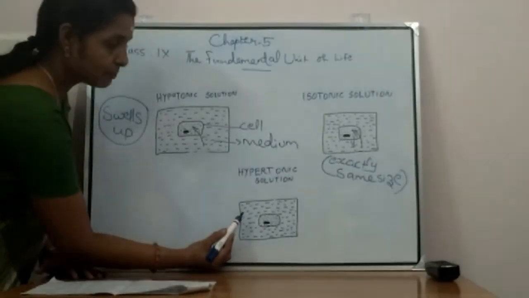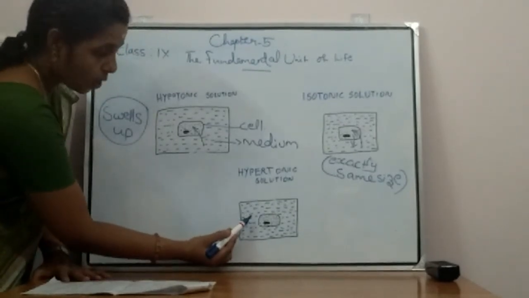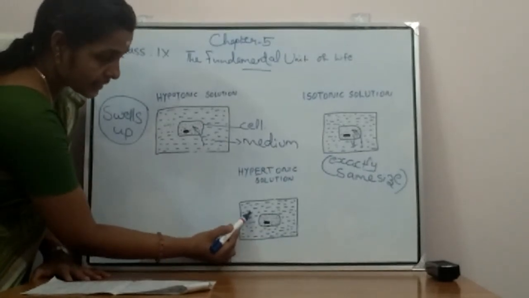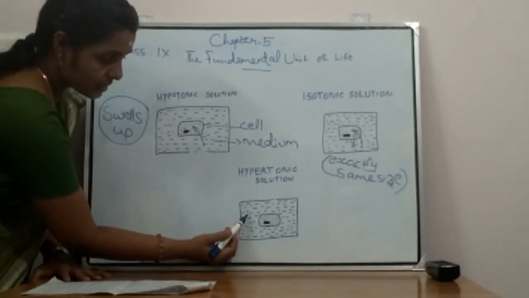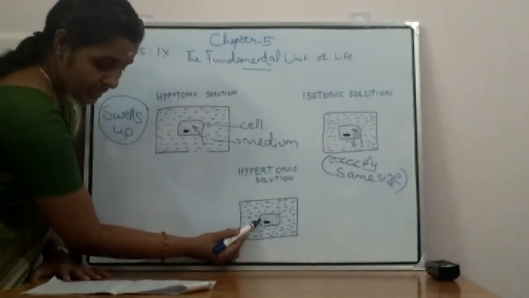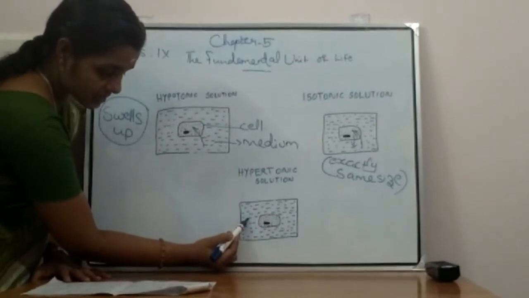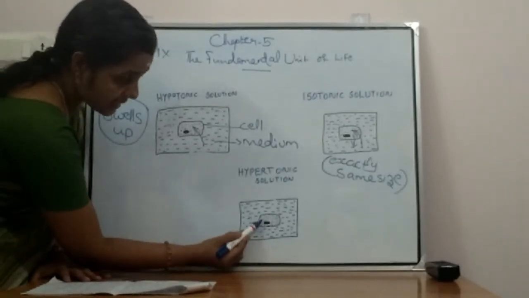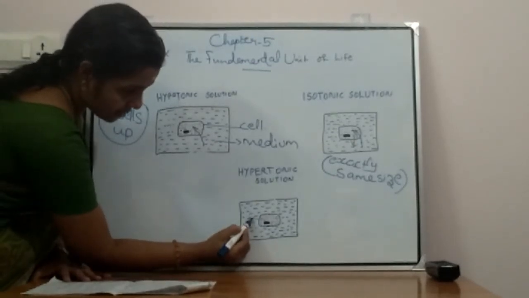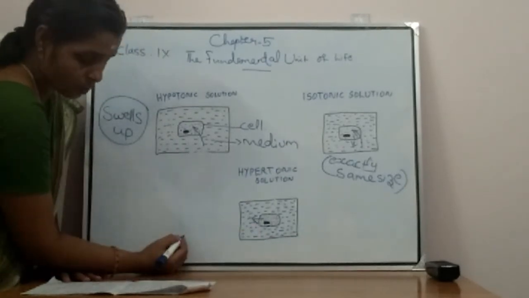Now, hypertonic solution. If the medium has a lower concentration of water than the cell. Here is the medium. That medium consists of only a small amount of water molecules compared to the cell, meaning that it is a very concentrated solution. Then the cell will lose water by osmosis.